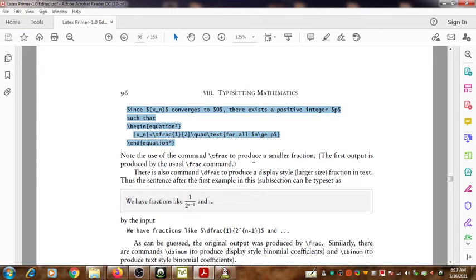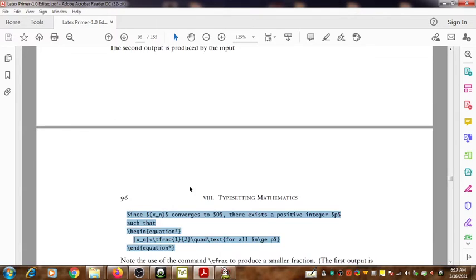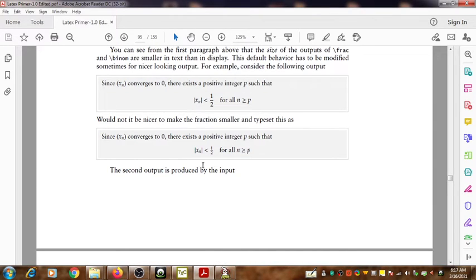Sometimes you want to produce a fraction in smaller size, then you can use the command slash tfrac. The first output is produced by using the usual slash frac command, shown here.